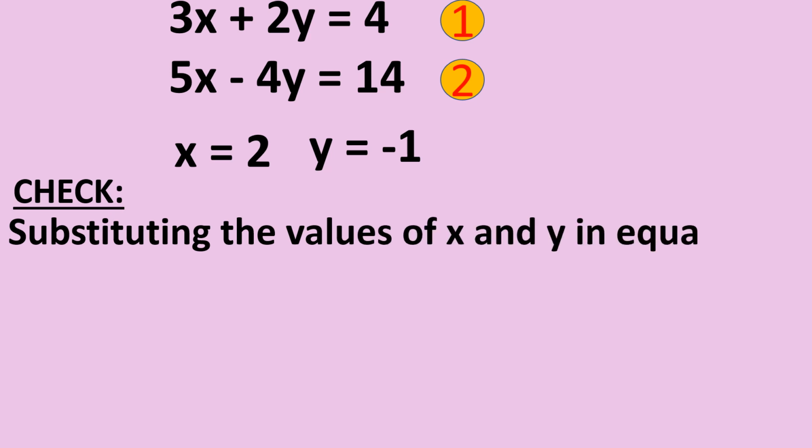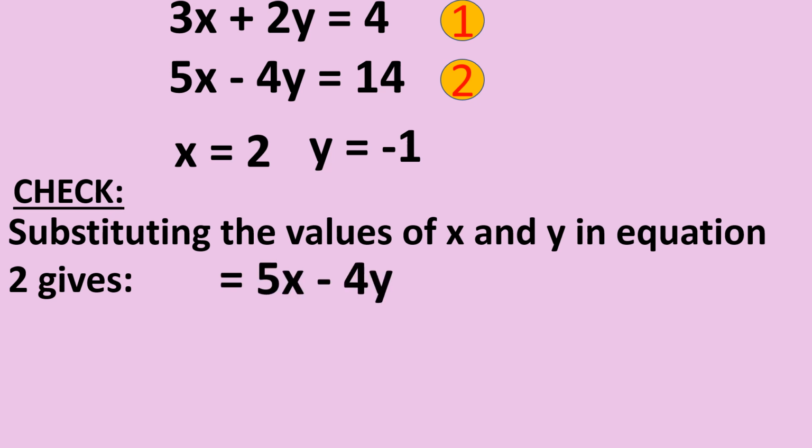So in this particular equation, we will be substituting x to be equals to 2 and y is equals to minus 1. So 5x minus 4y in equation 2 should give us 14.